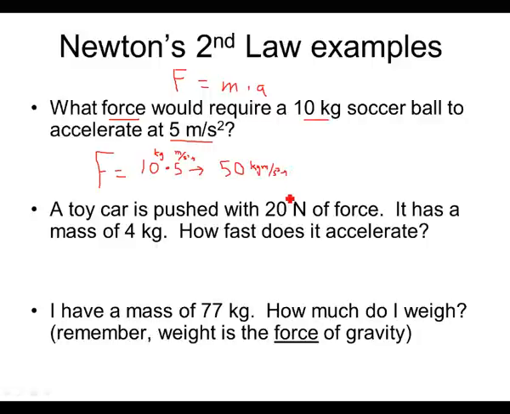Now that's a lot to say and a lot to write. So what we do is we can simplify this, okay, and call it a Newton. So our answer becomes 50 newtons with a direction. Okay, so 50 newtons with a direction.